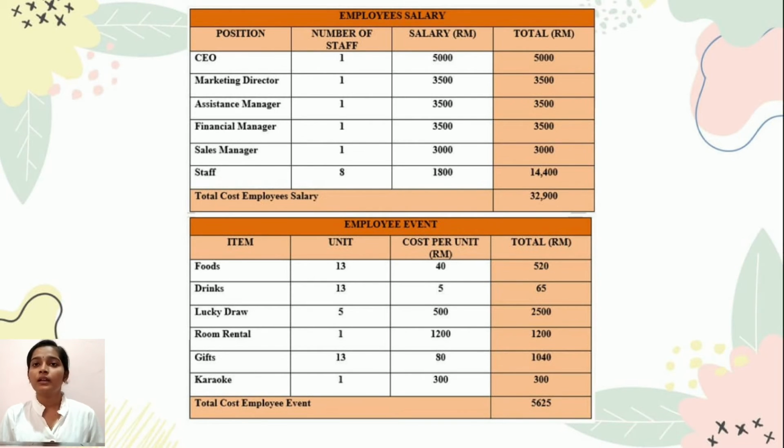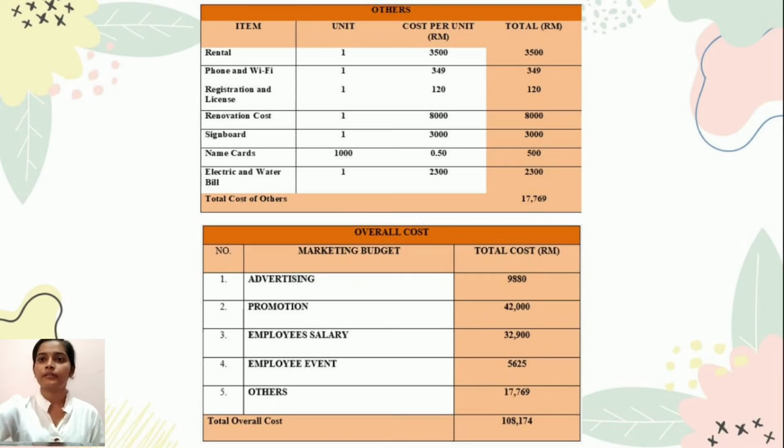For gift, cost per unit is 80 ringgit times 13, we get 1,040 ringgit. And for karaoke, cost per unit is 300 ringgit times 1, we get 300 ringgit. Okay, total cost of employee event is 5,625 ringgit.